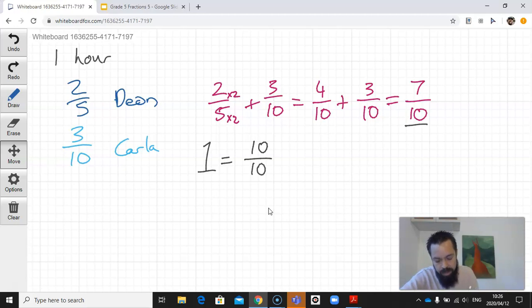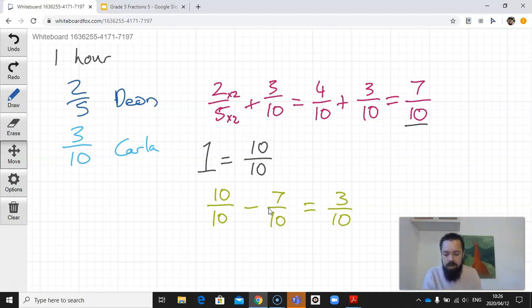That is 1, so 1 hour is equal to 10/10. So now, if we want to find out how much time is left, we're going to take our 1 hour, or 10/10, and subtract how much time we used it for, and then we can find out how much time is left. So it's 3/10 of an hour.